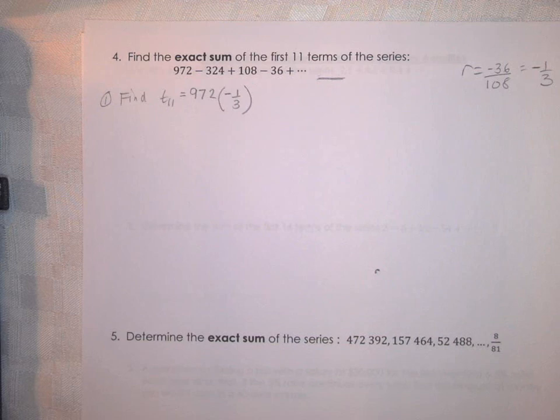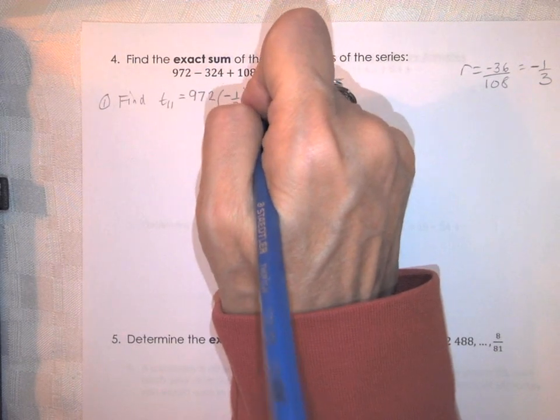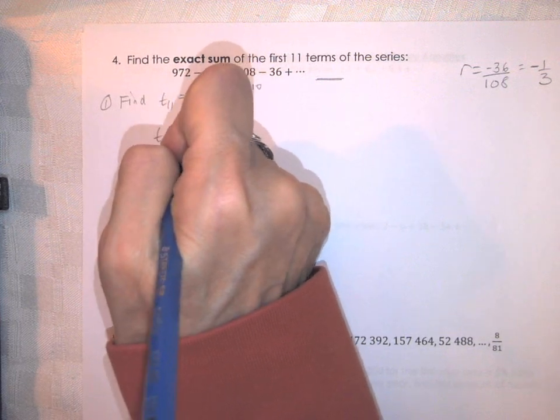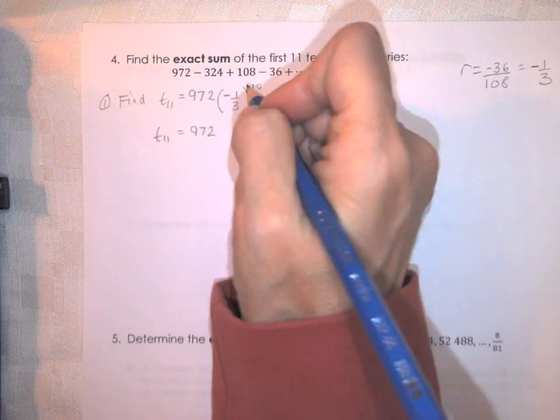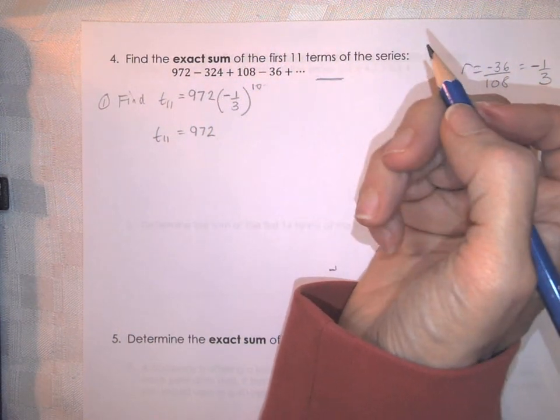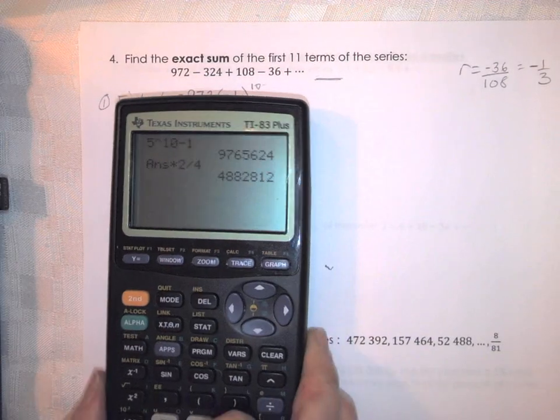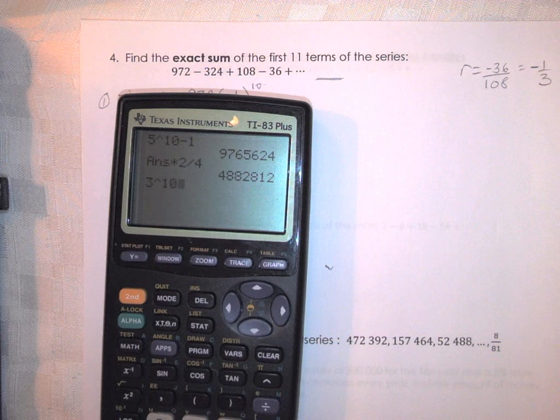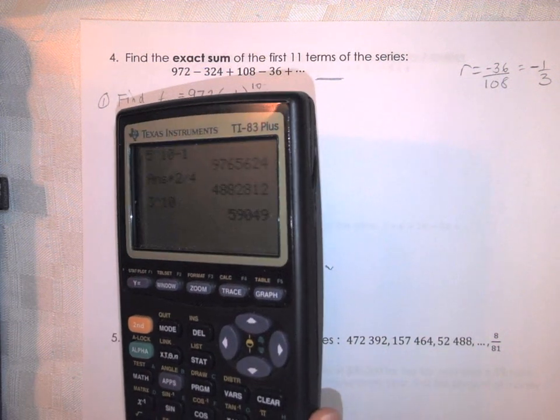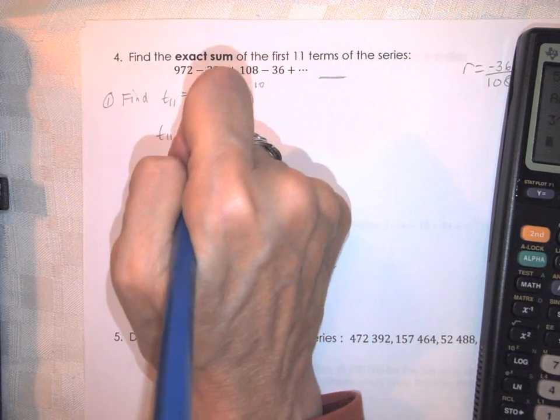And that's why we're going to switch our series around to the 10th. So got 972. Negative 1 to the power of 10 is going to be positive 1. And 3 to the power of 10 is 59,049.